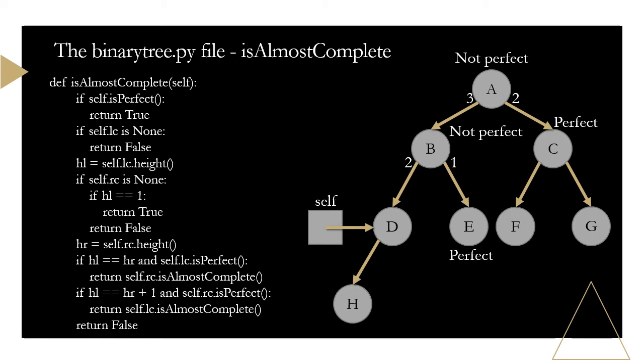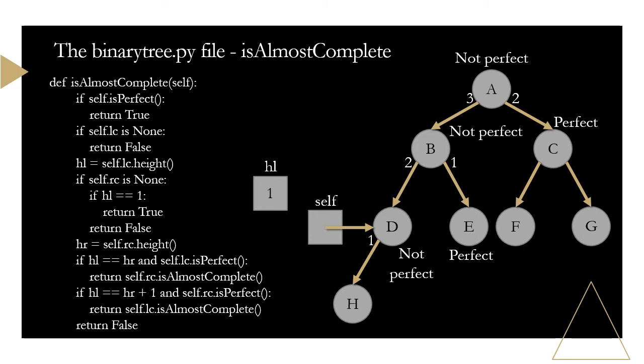Self points to D now. So we again check if the tree rooted at D is perfect. Not perfect. Does D lack a left child? No. Find the height of the left subtree. This is 1.